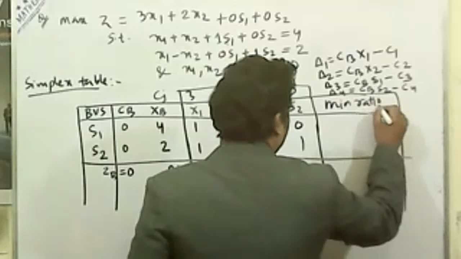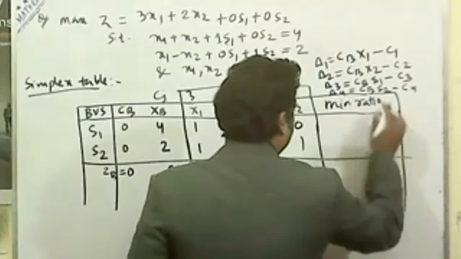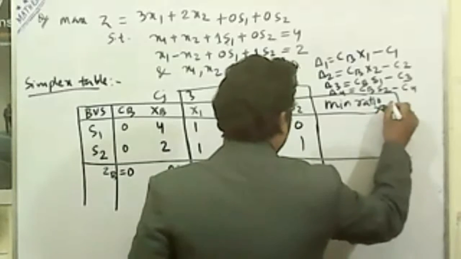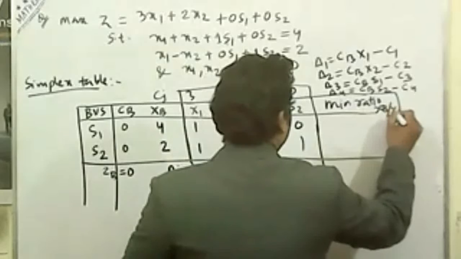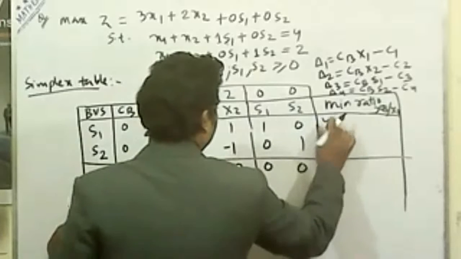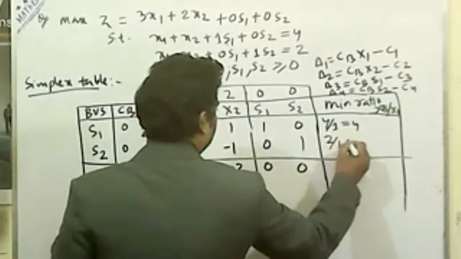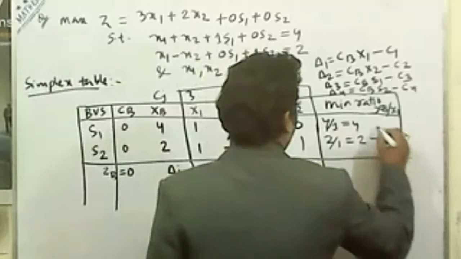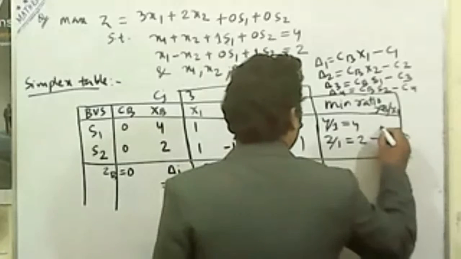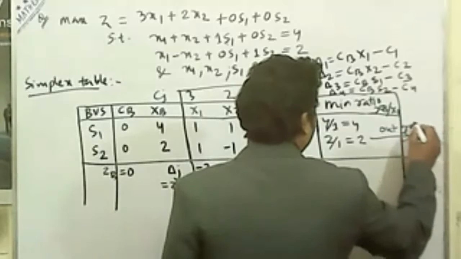The minimum ratio means XB divided by the incoming X1 column. 4 by 1 is equal to 4, and 2 by 1 is equal to 2. Which is minimum? This is the minimum, so it is the outgoing vector.